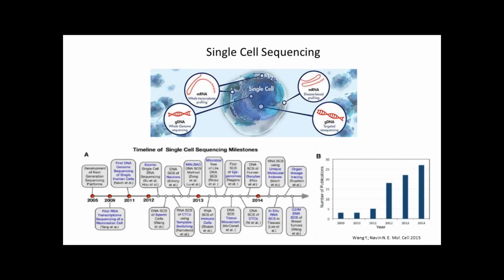As we know, the fundamental unit of our organism is the single cell. Each single cell or cell type has distinct functions. Research on the single cell can provide great insight into our understanding of the mechanisms of human disease.